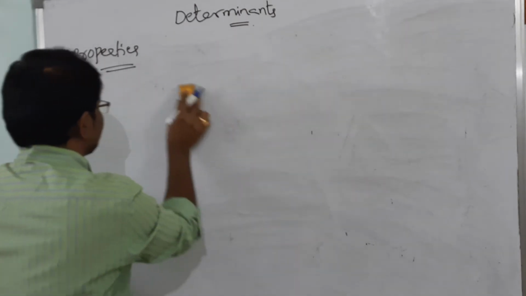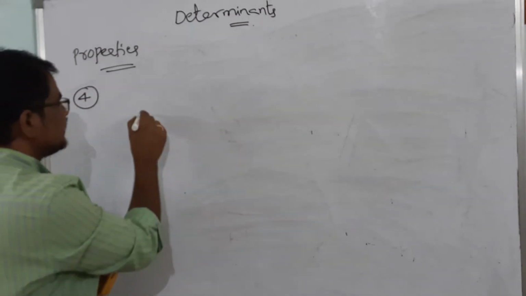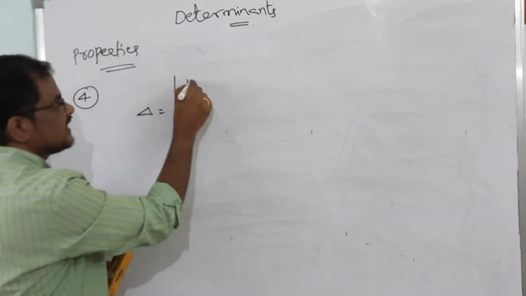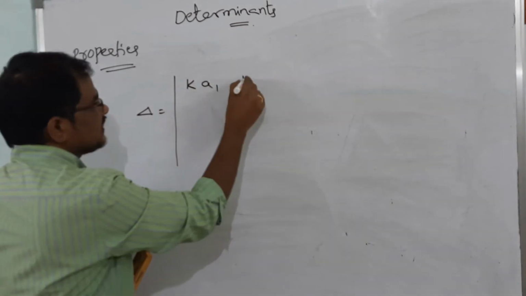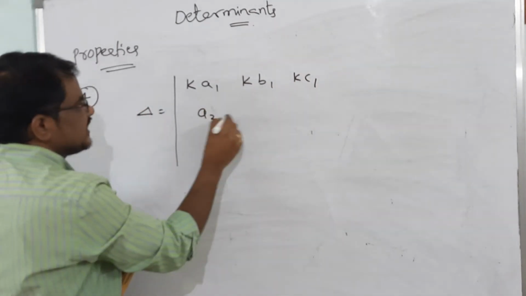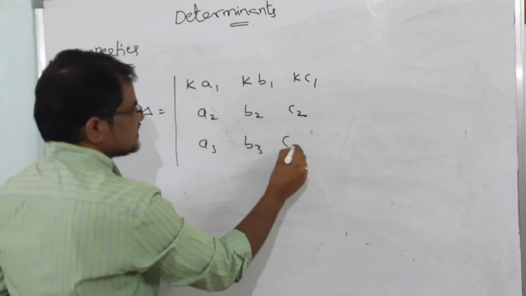Next, fourth property. Delta equal to, here k into A1, k into B1, k into C1, and A2, B2, C2, A3, B3, C3.